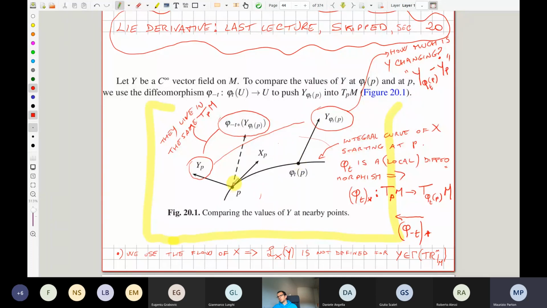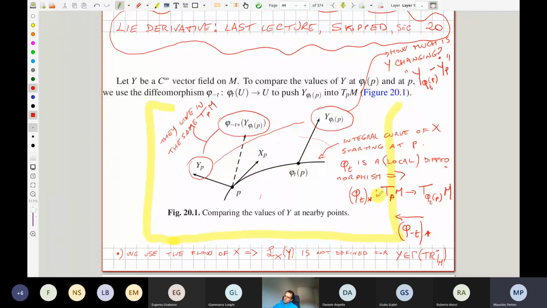In the previous lectures, we decided to take this tangent space to this tangent space with a map which is called the flow, which is simply the differential of this map. I mean, this is taking the point P to a point phi of P. So this is a map of the manifold to itself.